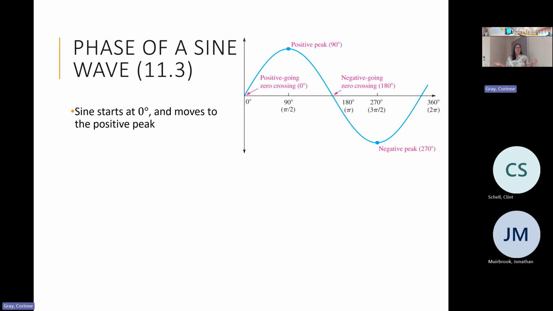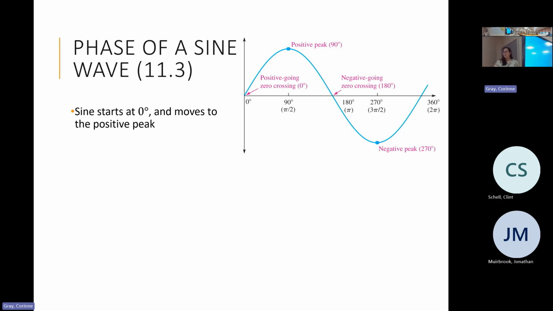Once I started teaching this class, I just thought they were called zeros, but circuits apparently cares. Here we have what is referred to as a positive going zero. After that zero, you'll start having positive values. We hit our positive peak, and then we have our negative going zero, where we start having negative values. Then we get to our negative peak, and then back to our positive going zero.